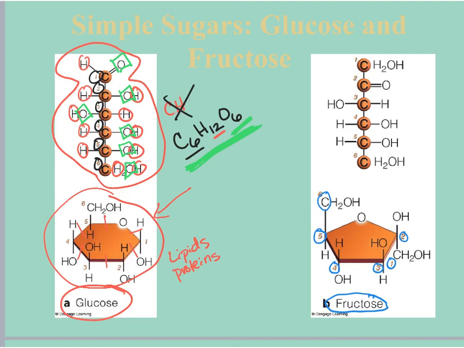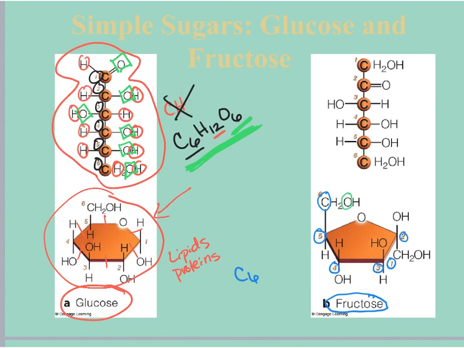I shouldn't have said that. They are attached to the central carbons, the ring carbons. And then let's see if we can draw this. C6, did we count all the carbons? Yeah, we counted all the carbons. We've got 6 carbons.